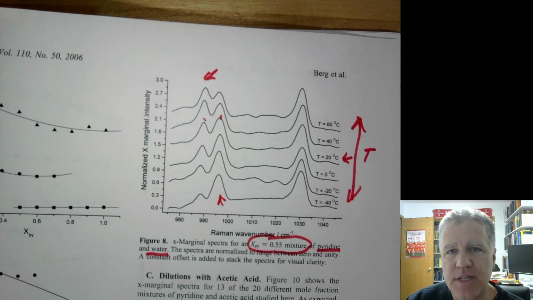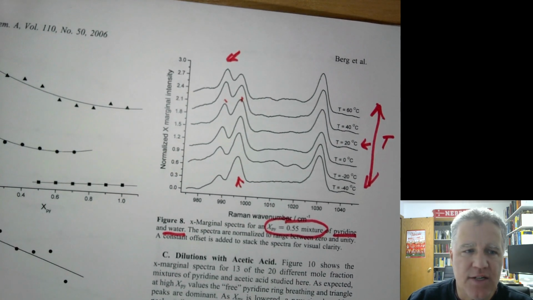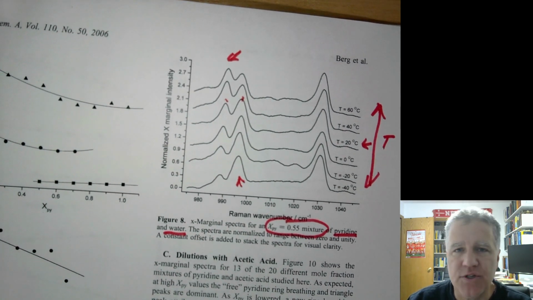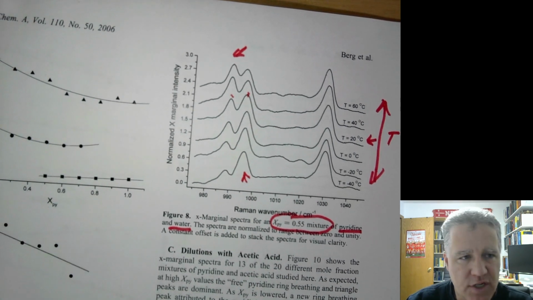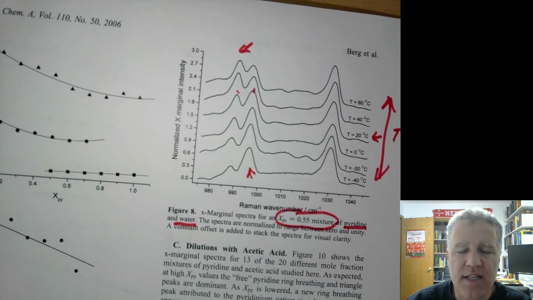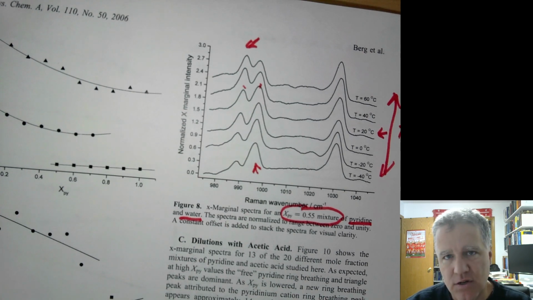And that makes some sense because, although we haven't talked a lot about the effect of temperature on things, temperature will tend to jostle the liquid around and disrupt that hydrogen bonding. So if we lower temperature, it tends to promote hydrogen bonding, and as we increase temperature, it tends to decrease hydrogen bonding. And that's for all things. So in water, at higher temperature, water spends less time hydrogen bonded with itself than at colder temperatures.